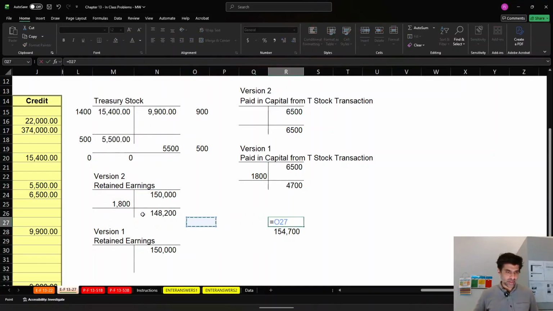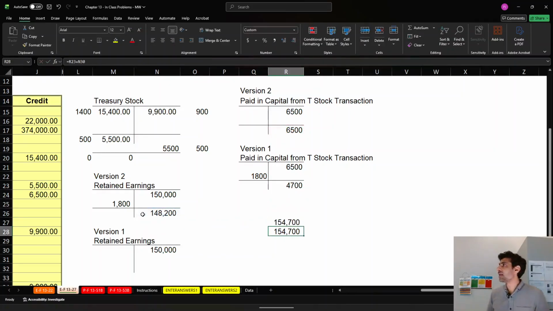Okay, so if I take version 2 retained earnings plus version 2 of this paid in capital, you can see that the equity balances are the same. The total equity is the same. The order just changed what accounts they're in within equity.